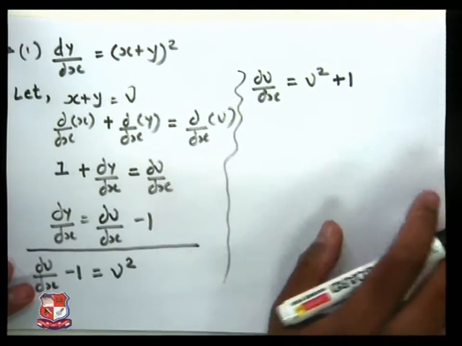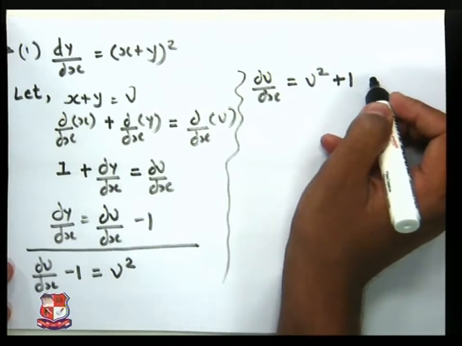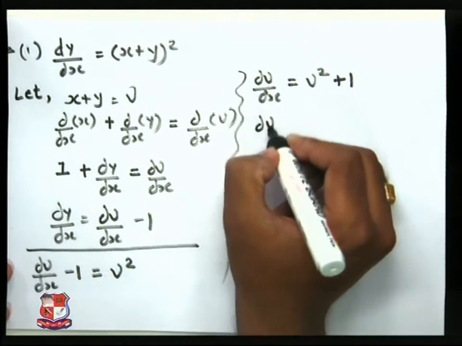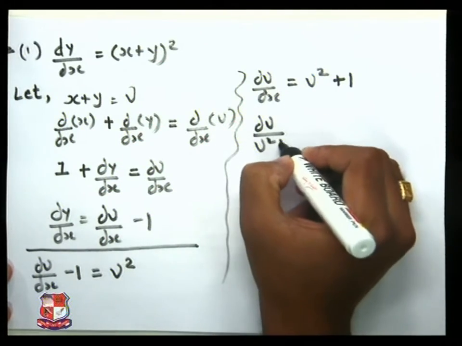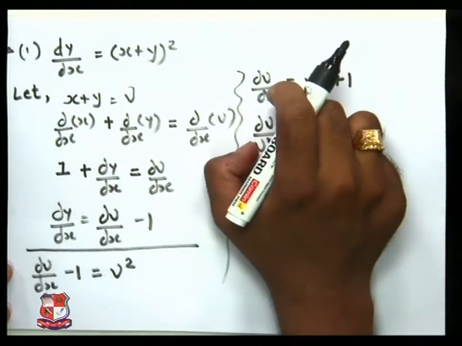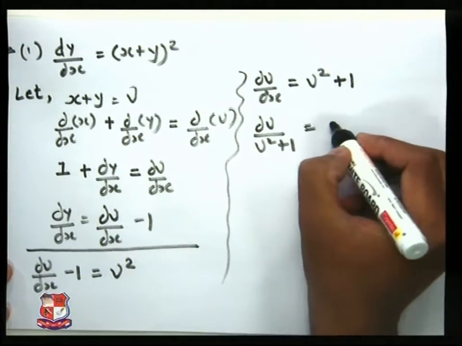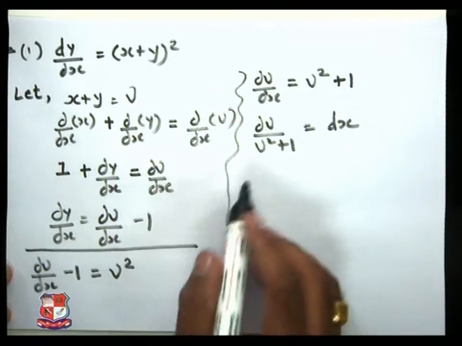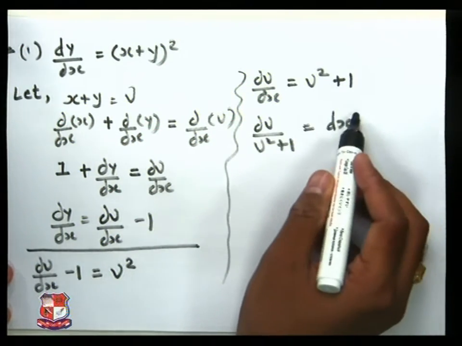Now we arrange so that the left side has only v and the right side has only x. So our left hand side becomes dv by v square plus 1. We move v square plus 1 to the denominator side of the left hand side, and dx over here. So our equation has only v on one side and only x on the other.